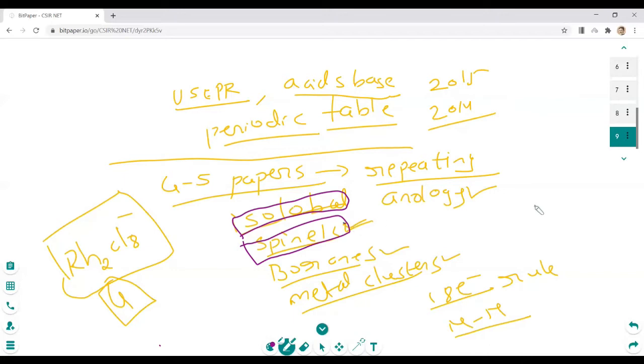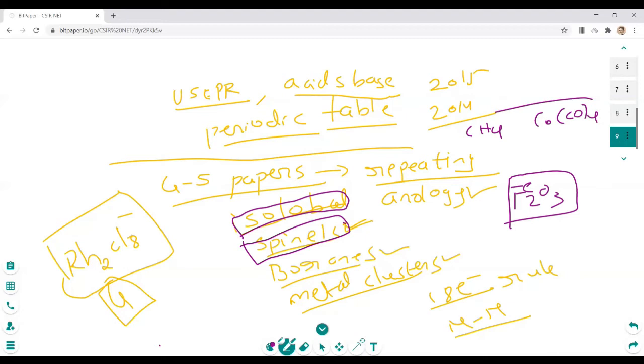Spinels, generally they will ask, for example, Fe2O3, what kind of spinel it is. I'm just giving an example. Or isolobal analogy, CH4 and maybe something like Co(CO)4. Is there any isolobal analogy between them? There will be 4 options. The question options may be different, but not the question concepts.